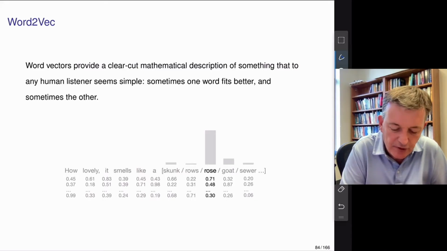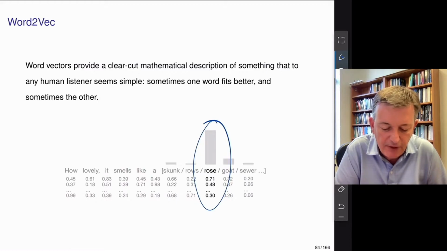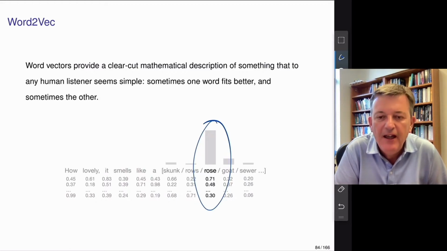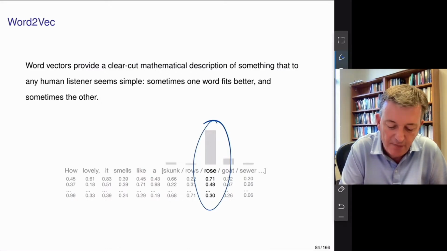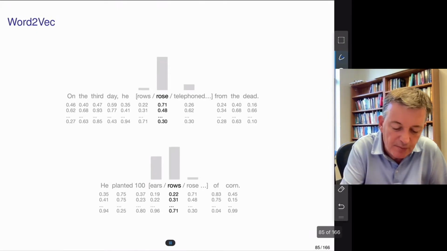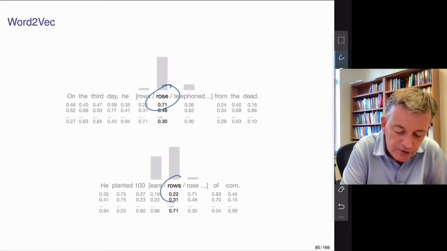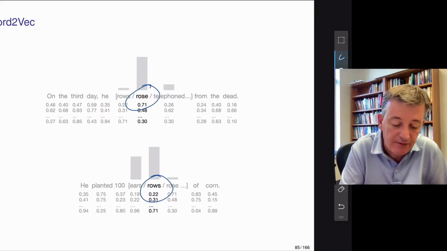So when it's got a sentence and it wants to fill in how lovely it smells like a rose, it's a probabilistic assessment. And other words have much lower probabilities. And then some of them are subtle, right? Is it rose or is it rose? So again, the algorithm should be smart enough to figure that out as well.